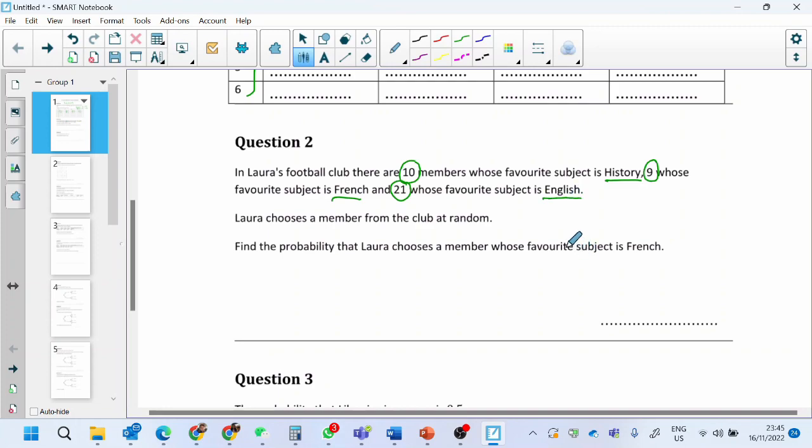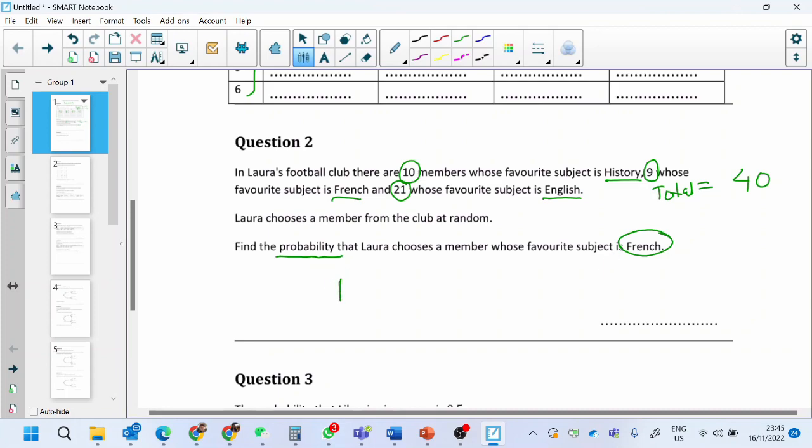So we first have to find the total members in the club. 21 plus 10 plus 9 gives us 40. The total members in the club are 40, and the question says find the probability of choosing a member whose favorite subject is French.